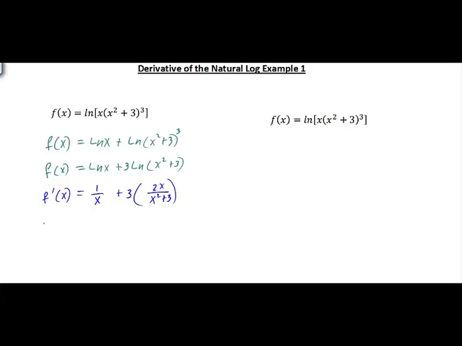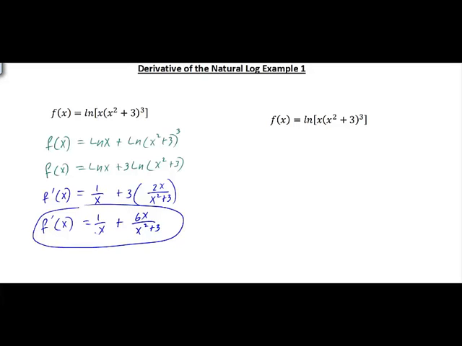And there we have our derivative, and we can simplify this a little bit by multiplying by the 3. So we would have 3 times 2 would be a positive 6x over x squared plus 3.